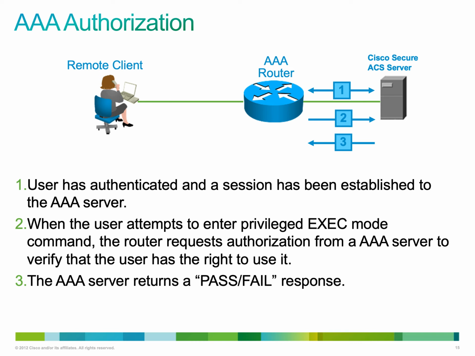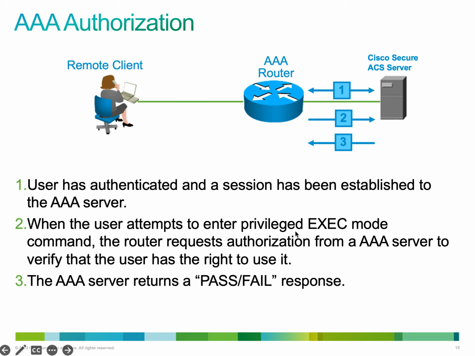Then the next step is that when the user attempts to enter privilege exec mode command, the router requests authorization, because it's not everyone in a network that should access the privilege exec mode. These are specifically for IT people in an organization.